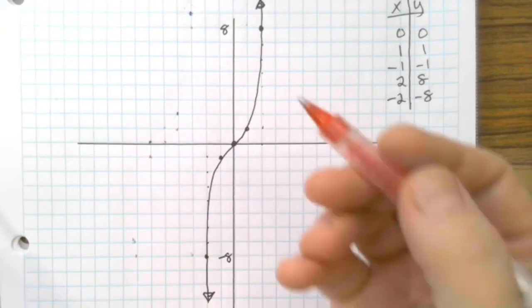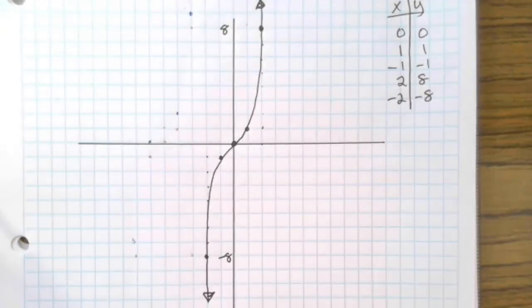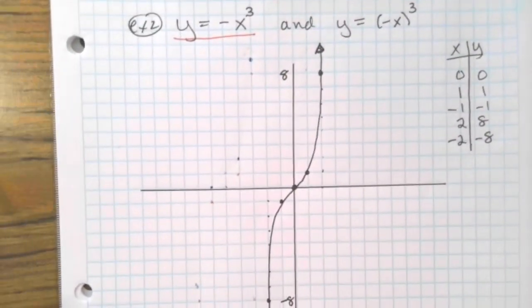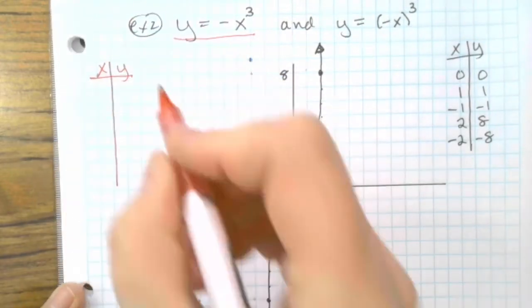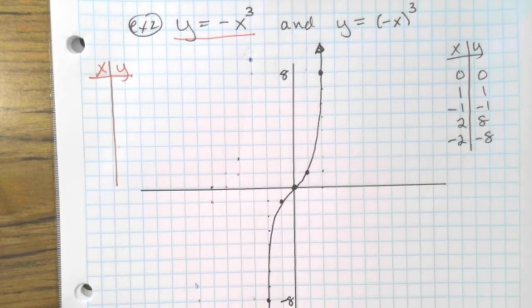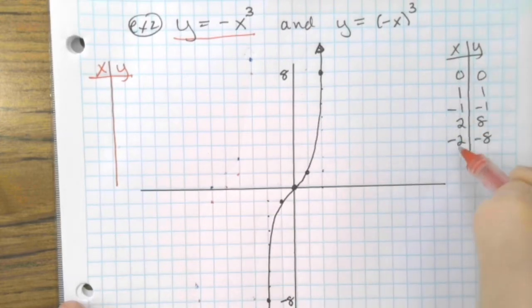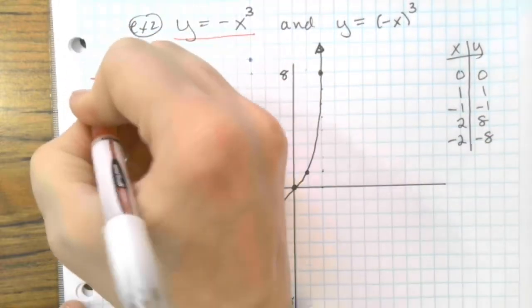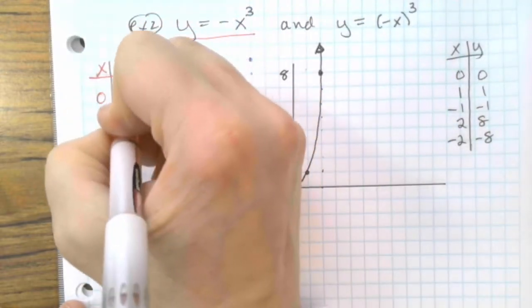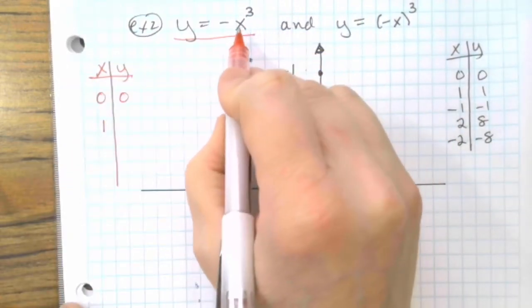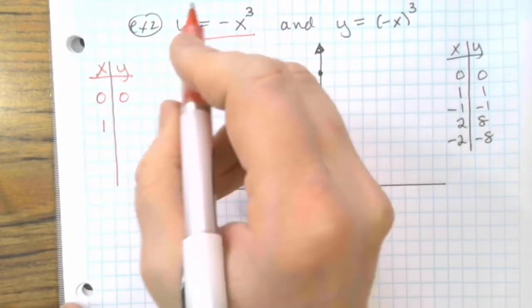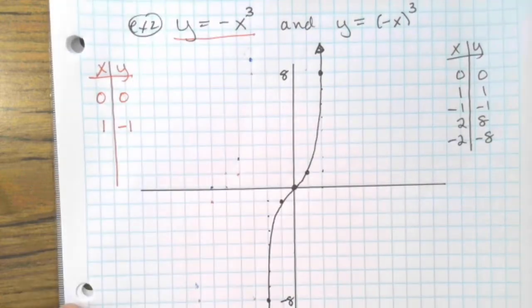All right, so we're going to do y equals -x cubed, the first one. Let's do this point by point, and then we'll do it graphically. I'm going to use the same x values as what I have here. If x is 0, -0 is just 0. If x is 1, 1 cubed is 1, but then it's multiplied by a negative, so it's a -1.